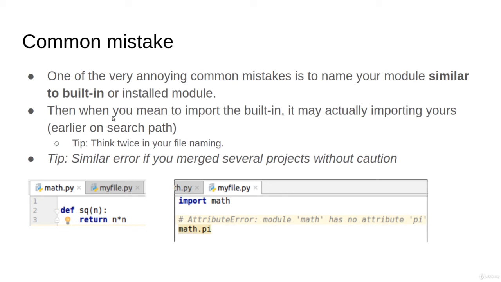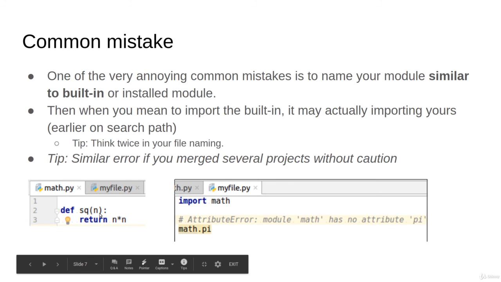I would also like to communicate a very common mistake, one of the really annoying ones, because you might take hours to figure out what is wrong. Let's say you introduced a module by yourself named math.py, and then you wrote your own function. You forgot that, and you wrote here import math, and you're trying to import the built-in module.